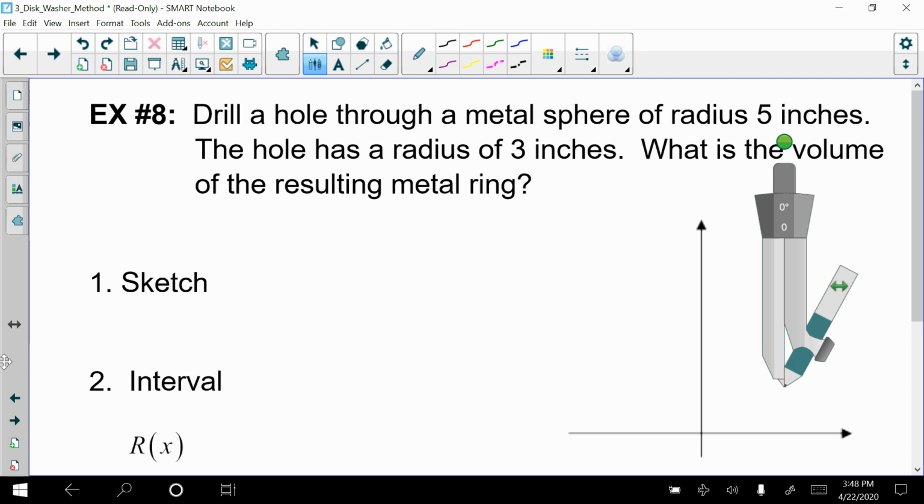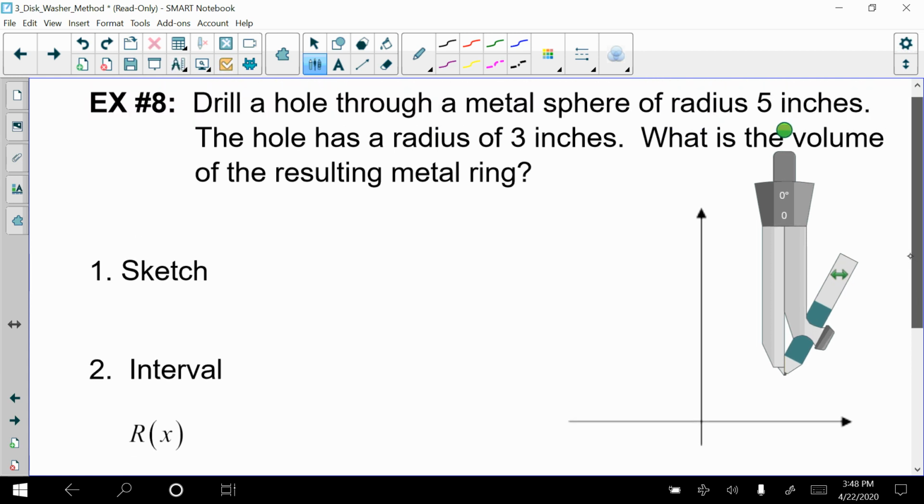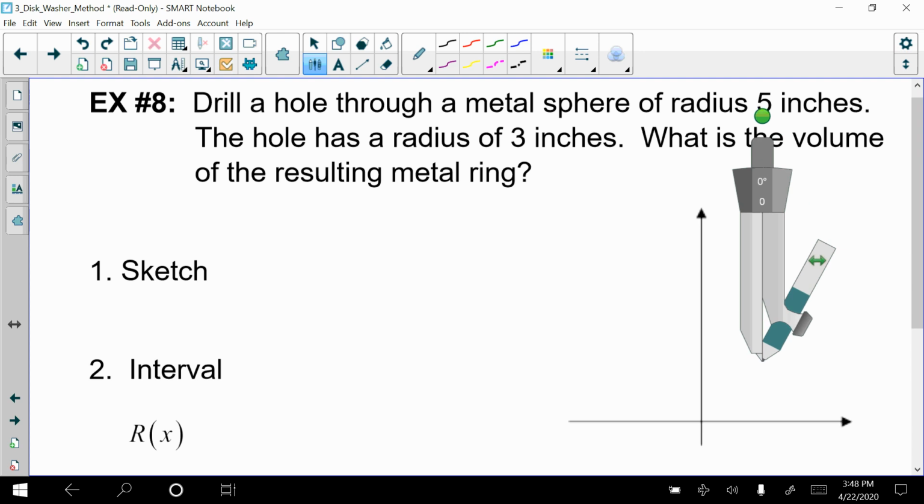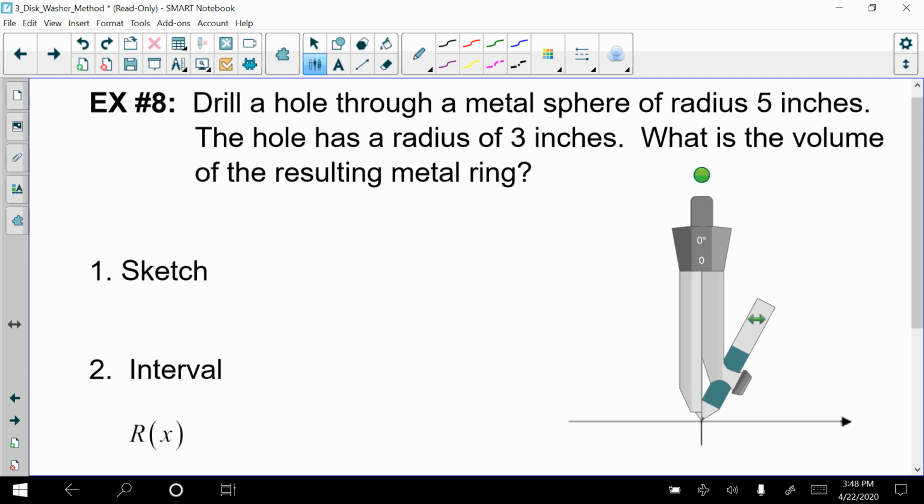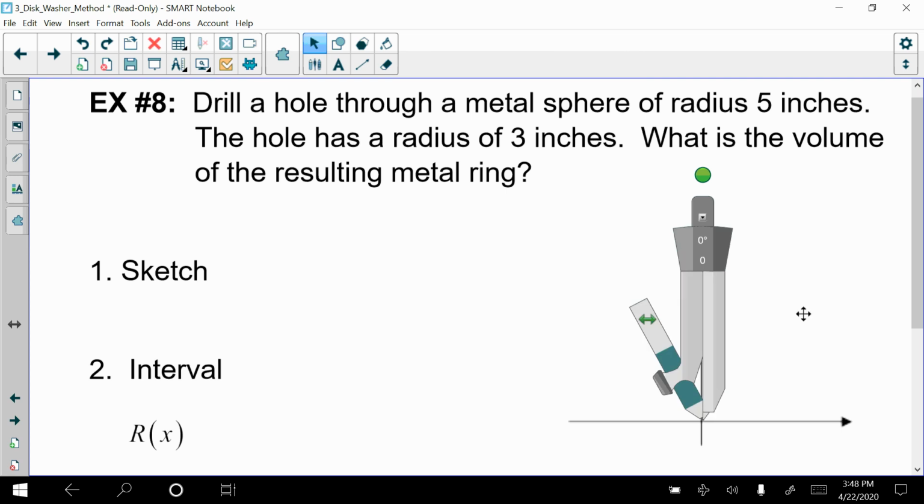I've given myself a compass here to make a circle with, because there's no way I'm going to be able to draw a circle even remotely like what I would like it to be.